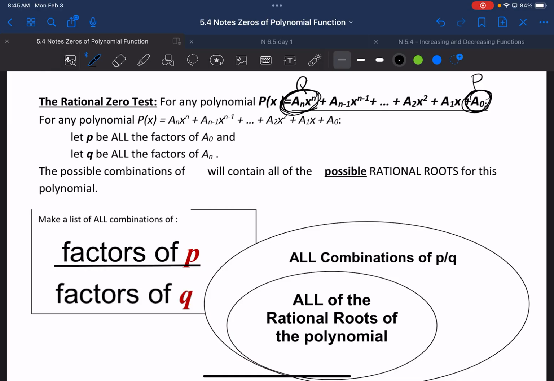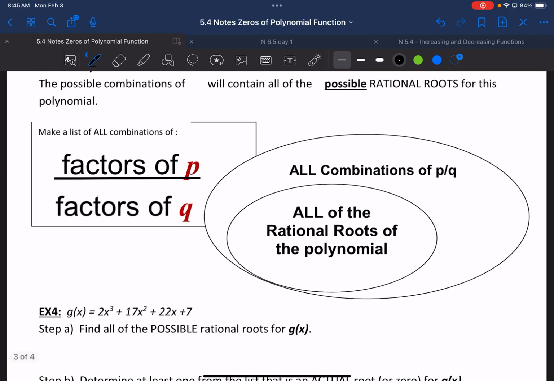Okay, and this is going to help us come up with all the possible rational roots for this polynomial. Okay, so it says we can make a list by taking all the factors of P, dividing it by all the factors of Q, and this will give us a list of all the rational roots. Now remember, rational numbers are things that can be written as fractions, right? So irrational numbers are things like pi, decimals that go on forever. So we're not talking about those, just any rational numbers. This should help us come up with it, okay?